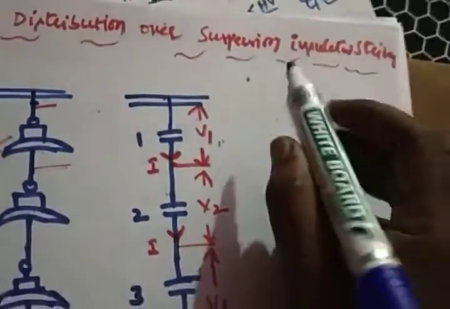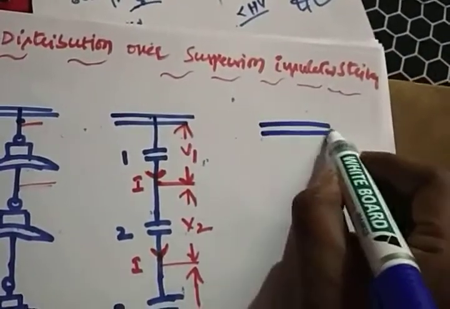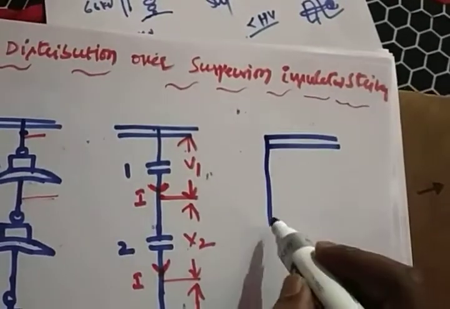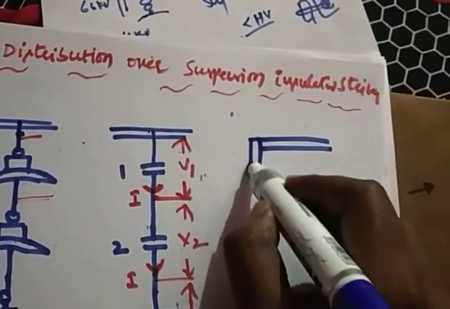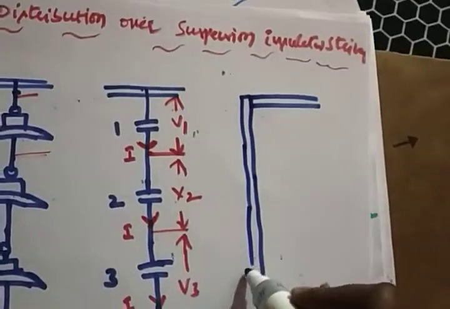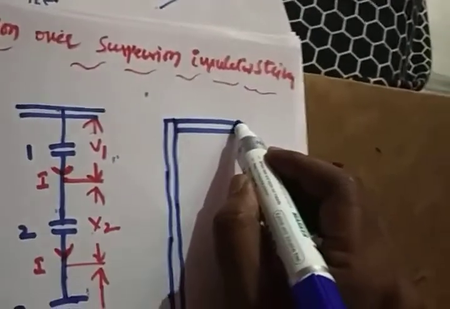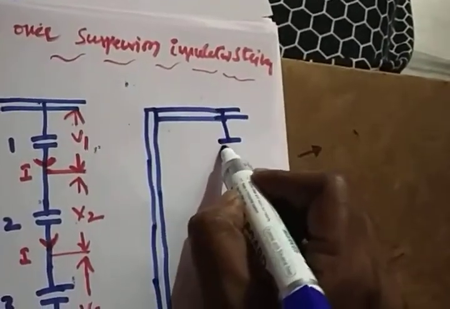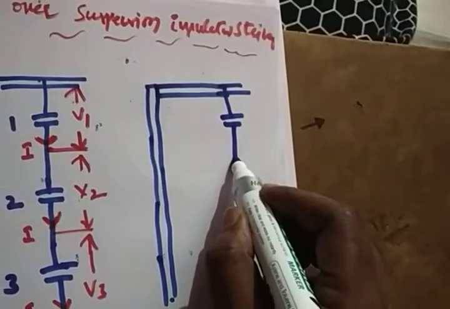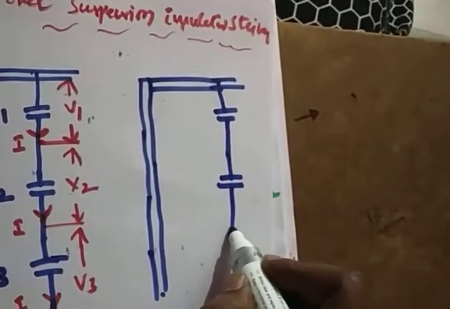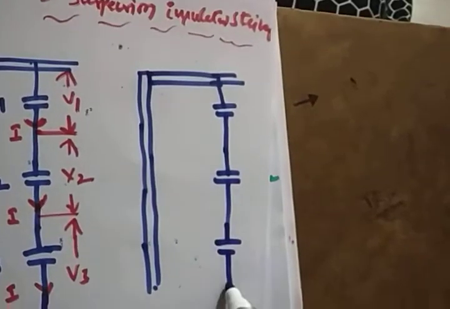You will see here, this is a cross arm, right? From this cross arm you have a tower. This is a tower. Now here a capacitance is existing, here one more capacitance is existing, and one more capacitance is existing.